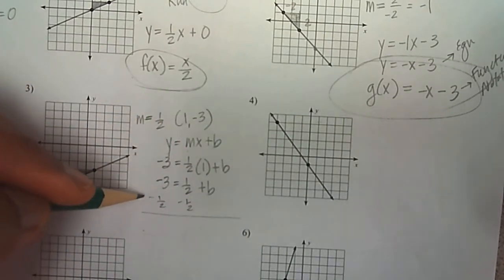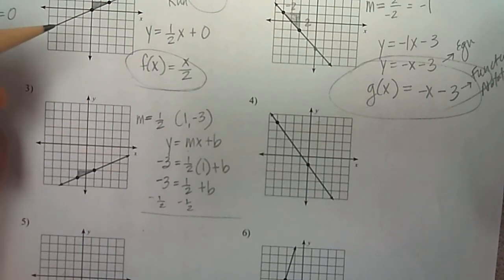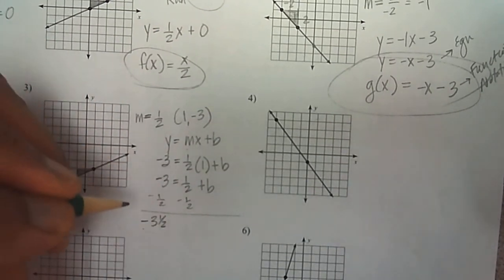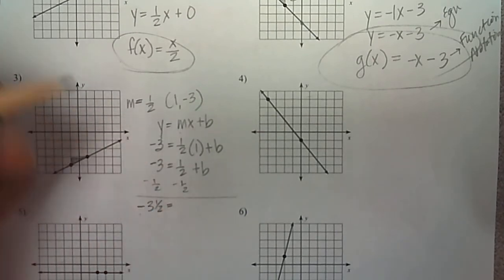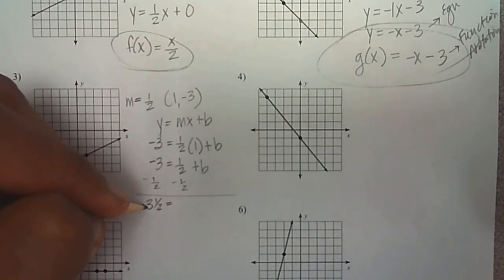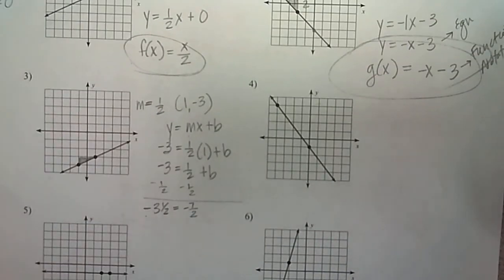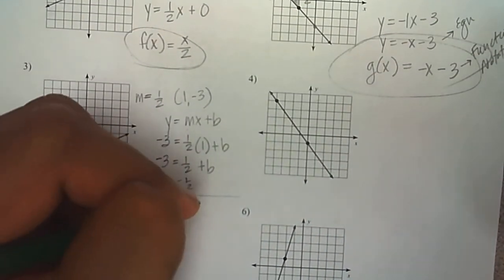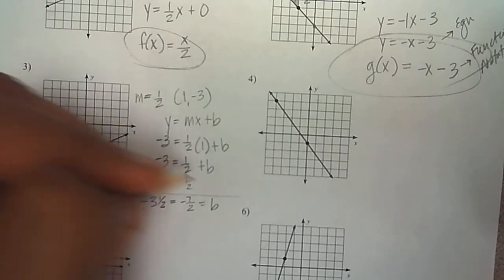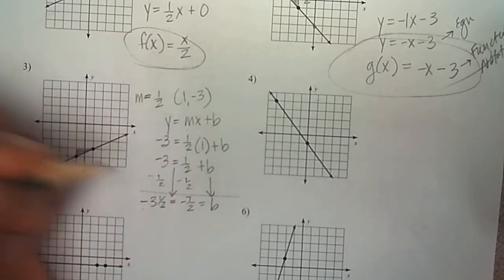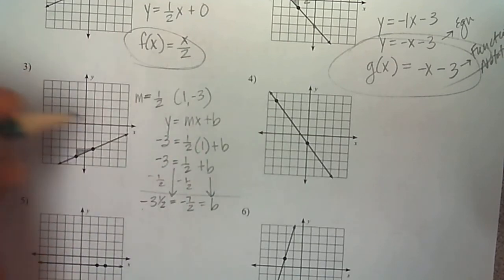When the signs are the same, you find the sum. So basically, I'm adding these together. So this is now going to be -3 and 1/2, which is the same as 2 times 3 is 6, plus 1 is -7 over 2. Equals my b. Just being clear with my notation.